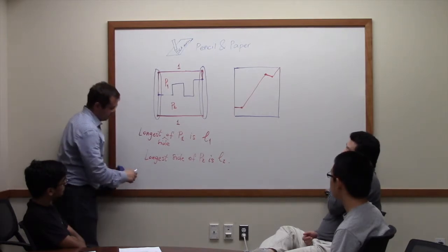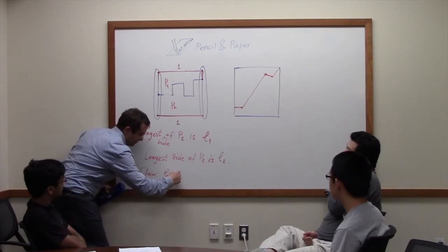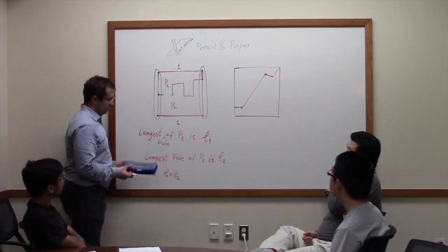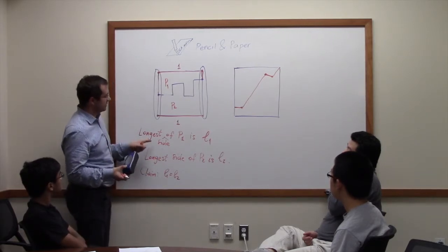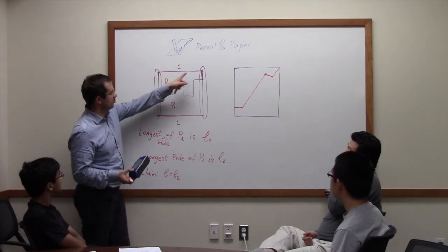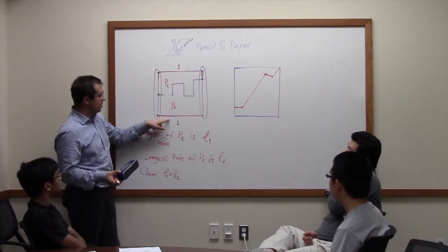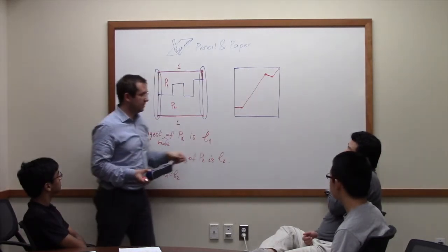So our claim is that L1 is equal to L2. And the way we prove it, we say that the longest side is either this side length of the square that is equal to 1, or it's the side that they both share.